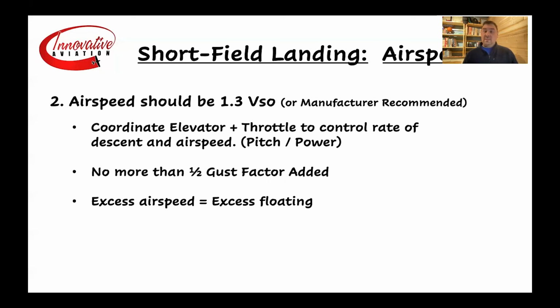Between 8 and 16 is 8, divided in half, 4 knots, so we'll add 4 knots to our 1.3 VSO. That's the same thing as a normal landing. But at the end of the day, just be very cognizant that any additional excess airspeed may potentially result in excess floating when we get down and start talking about the round out and flare.